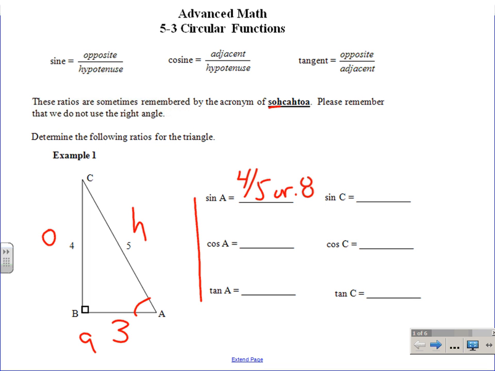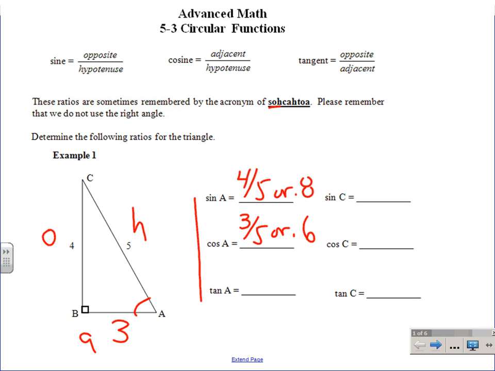Cosine of A. Cosine is adjacent over hypotenuse, so that'd be 3 over 5, or 0.6. Once again, less than 1. I can guarantee you every time that the decimal form or even the fraction form will be less than 1, because let's face it, you're always dividing by hypotenuse, which is supposed to be the biggest side, right?